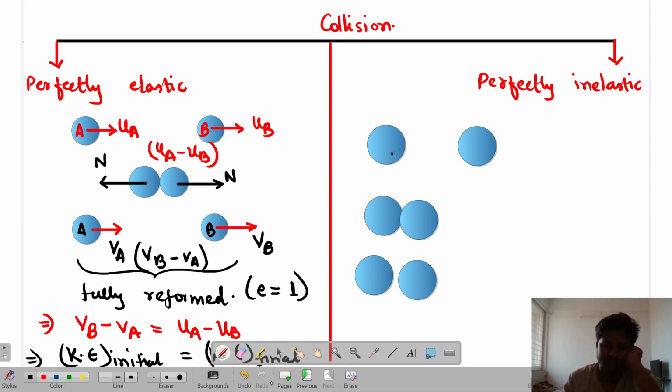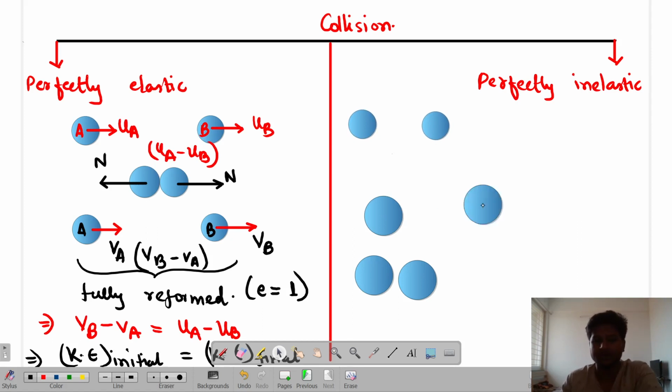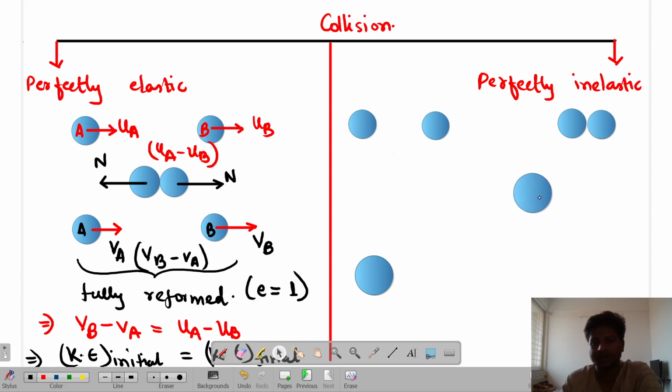Let us just talk about the case of perfectly inelastic collision. The bodies were moving, and I'll draw them a little bit nearer and nearer. They got collided. What happens after collision?